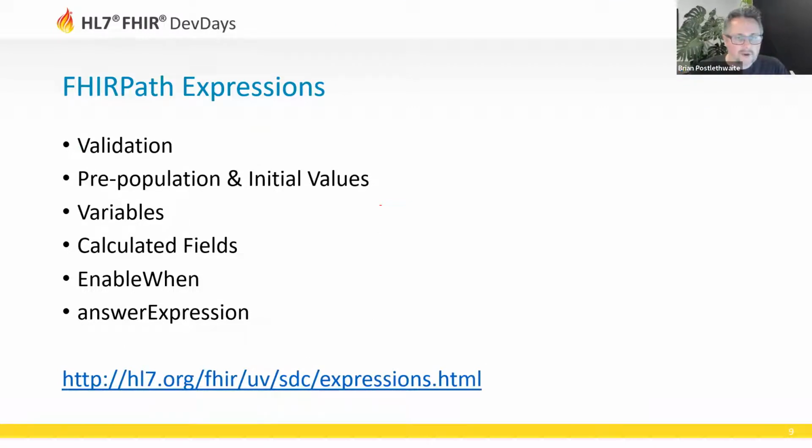So I'm not going to dive into FHIRPath expressions too much, but one of the questions that I often get is: we've got our own engine, and we've had to use JavaScript to dive in and create all this extra functionality. To meet those needs, we've got FHIRPath expressions, which allow us to do custom validations.